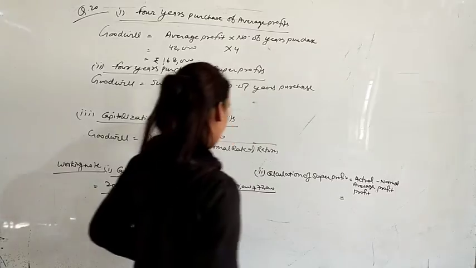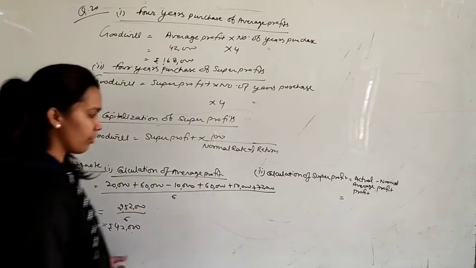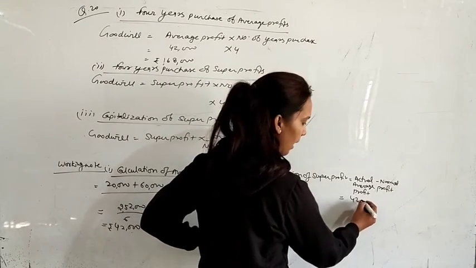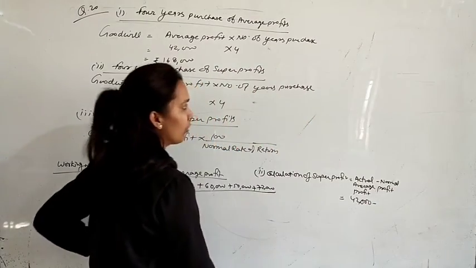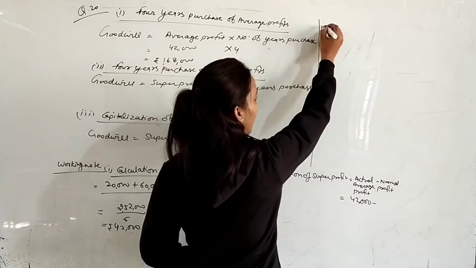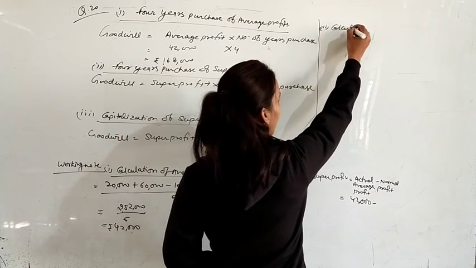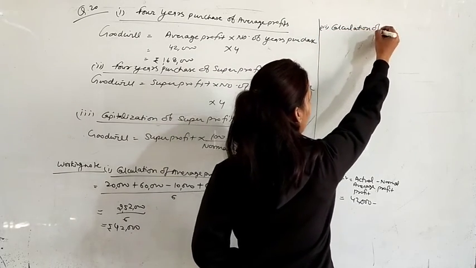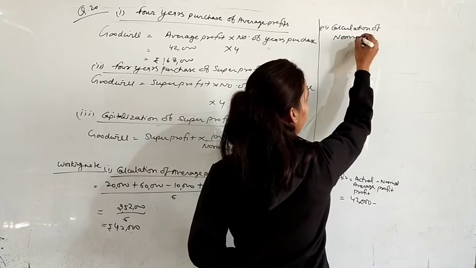So actual average profit, as we calculated in this point, this is 42,000 rupees, and normal profit, this one also we have to calculate. So here I can write point number third, that is calculation of normal profit.